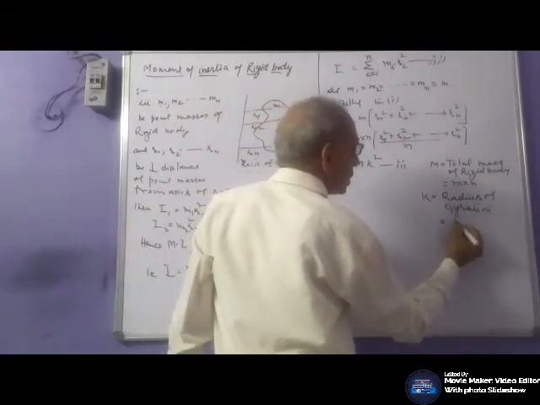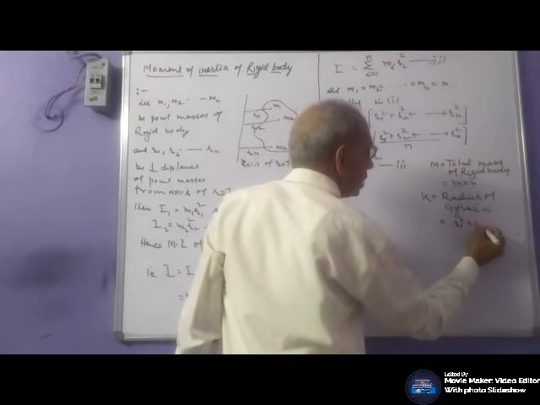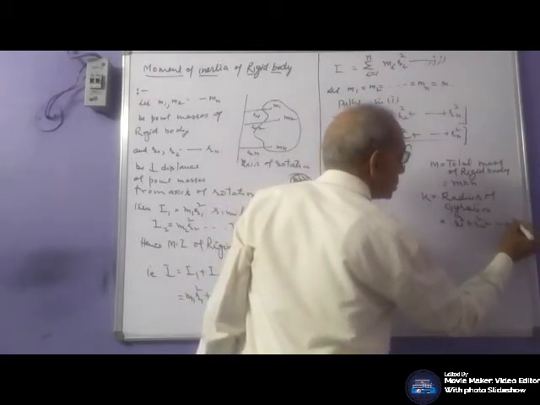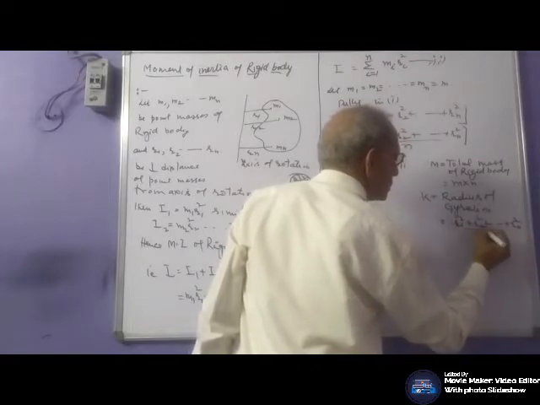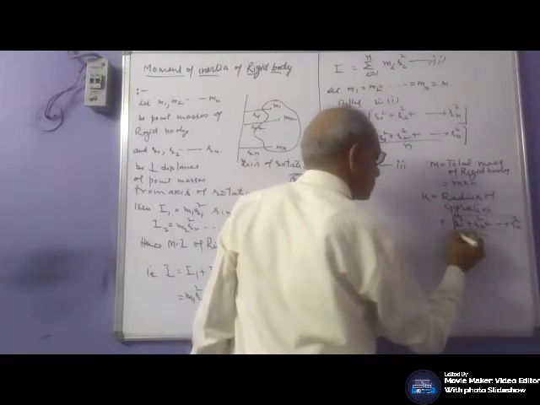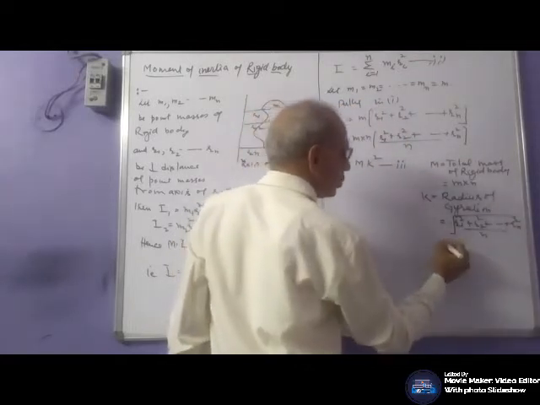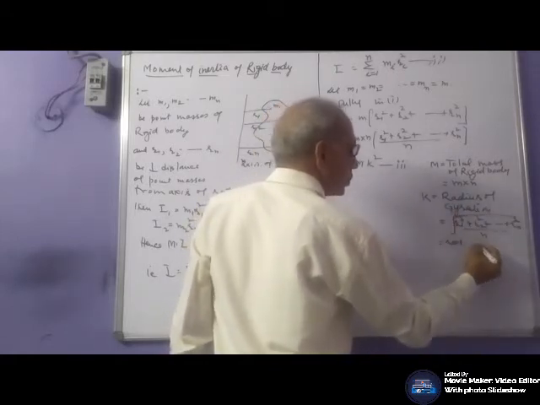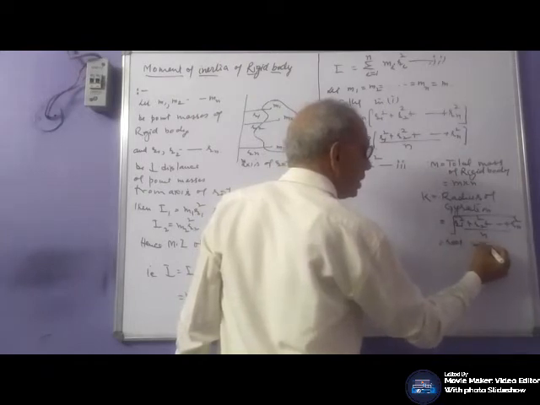It is r1 square plus r2 square plus rn square by n, under root.